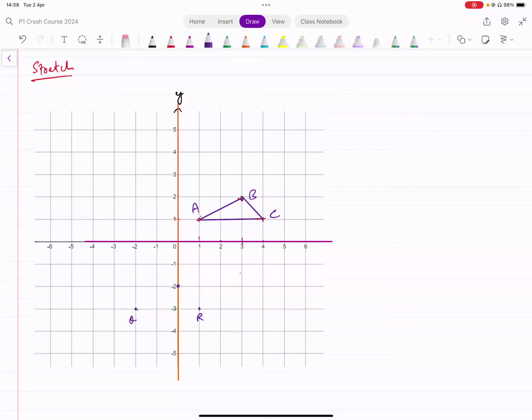Now, in order to understand stretch, let me remind you about what we did in O-level transformations when we did enlargement. Remember that? How did you use to enlarge diagrams?